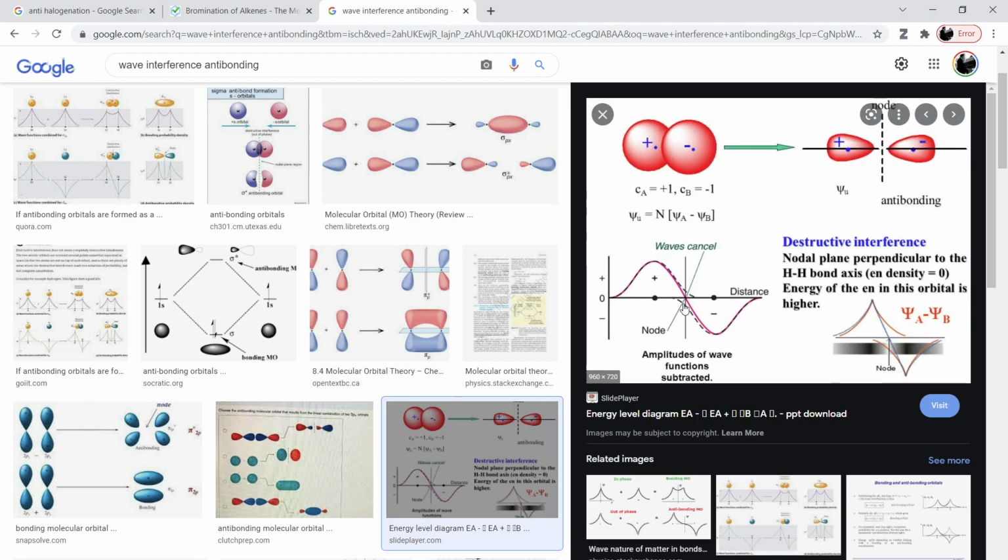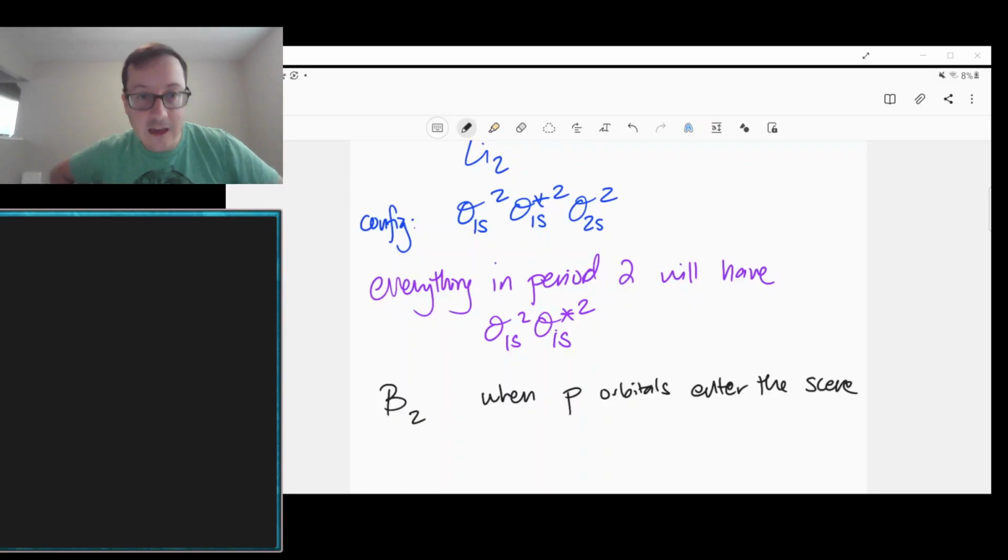If we imagine the waves, there is going to be an area when we add them together that's going to cancel their equations out. And if you cancel them out, they don't exist there, and so you get anti-bonding. That's destructive interference. Suffice it to say that it's just all about how they're overlapping. If they're overlapping constructively, bonding. If they're overlapping out of phase, destructively, there's anti-bonding. So let's see what happens when p orbitals enter the scene.